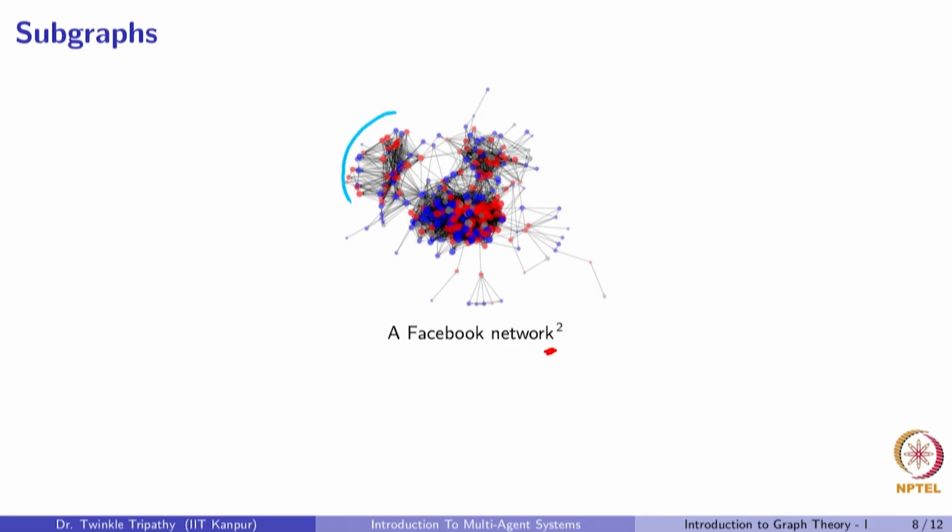For example, we see that this set of people seem to be more tightly knit with each other than they are to the rest of the network. Another such subgroup would be this, and yet another one would be this. So now generally, subgroups within the large group get formed quite often. So how do we go about defining a subgroup formally?